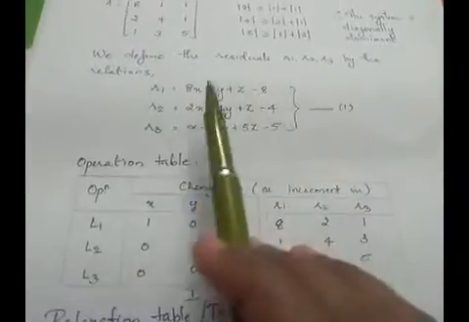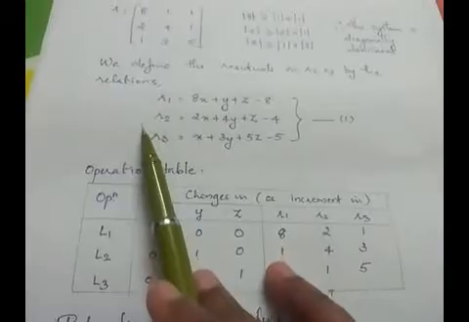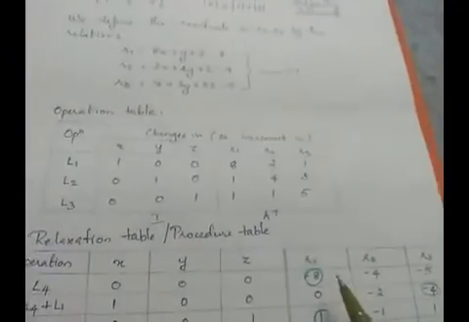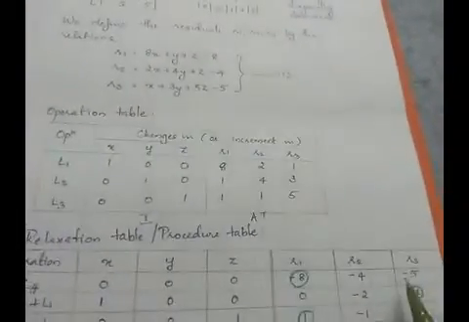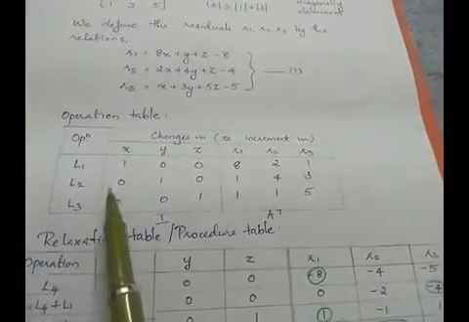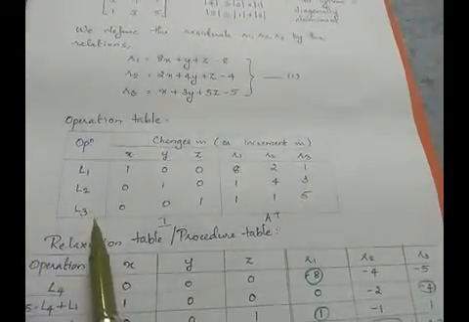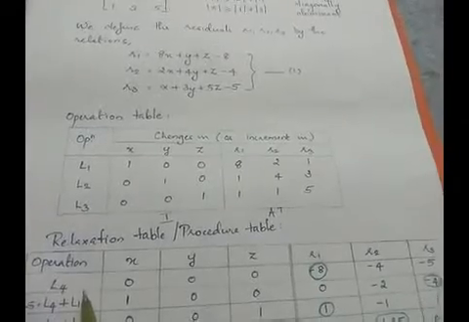So in equation 1, by substituting 0 for x, y and z, we will get the values for the residuals, and that will be substituted in the residual part of the first operation. That is, we will continue the numbering from the operation table. There we had 3 rows, so L1, L2 and L3 are already given, and in the relaxation table we will start with L4.